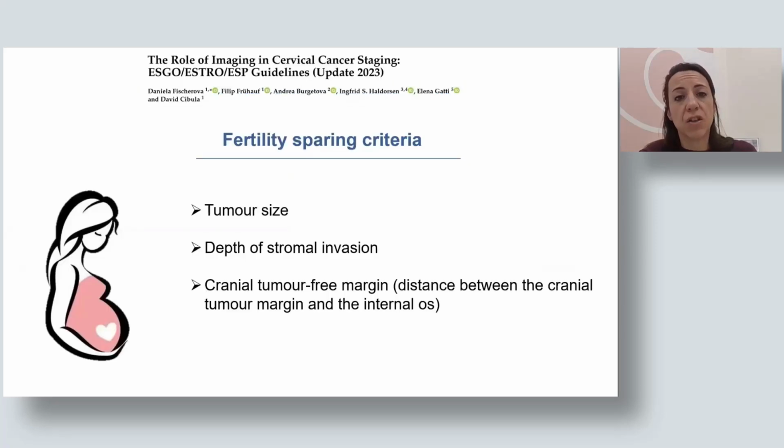After the detection of the tumor in the cervix, we can assess fertility-sparing criteria, including tumor size, depth of stromal invasion, and the distance between the cranial tumor margin and internal os.